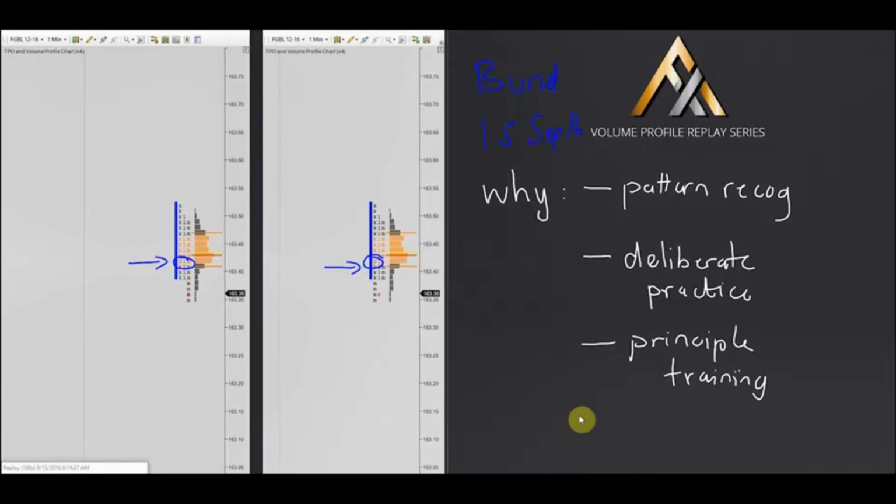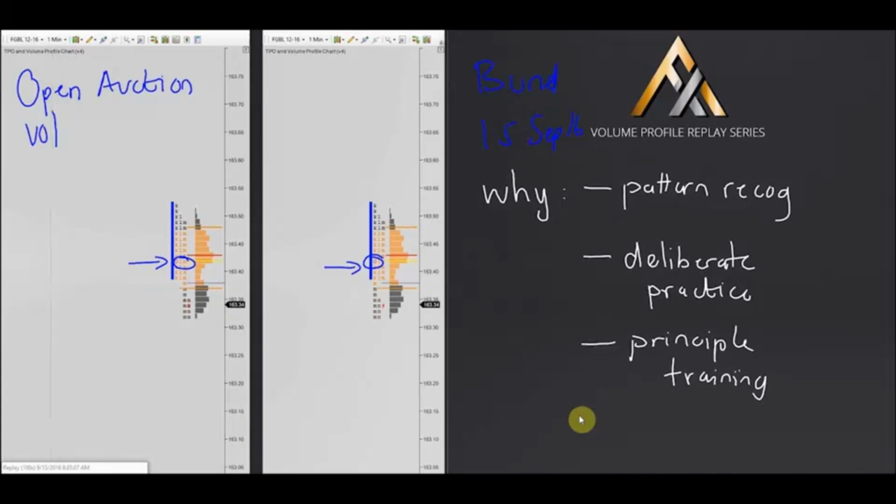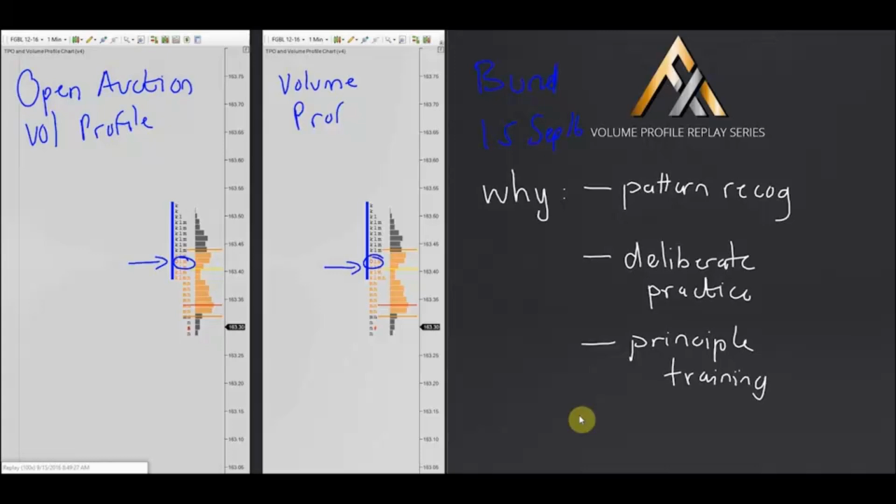Now, as you can see, we have got what we call an open auction volume profile, and on the other side we've just got a traditional volume profile. The reason we utilize both profiles is very simple.